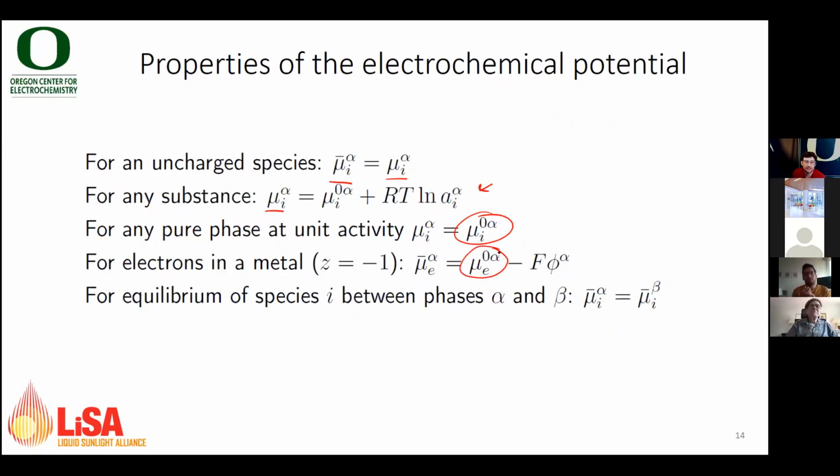This is a key term. Because in a metal there are so many states and so many electrons, all the changes in electron concentration happen at the very edge of the metal, so you never really change the concentration of electrons in a metal. So at least in the electrochemistry I've done, we always ignore the activity term for the electrons in the metal.